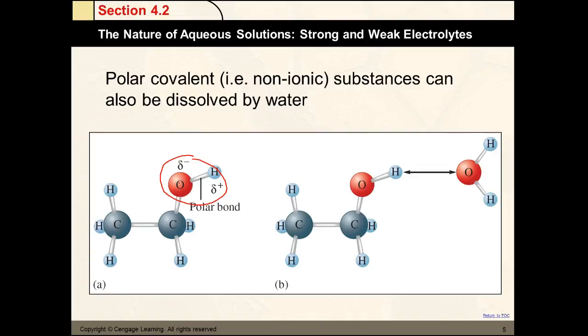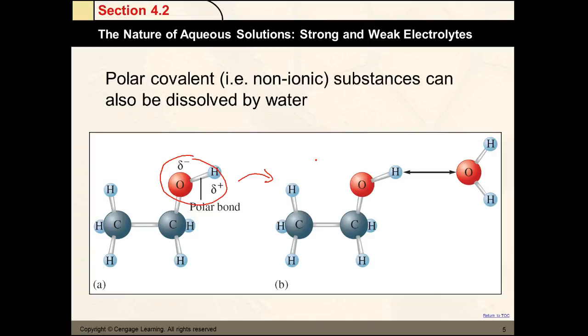This oxygen, just like in water, pulls electrons towards it, and it gives that oxygen that partial negative charge, that delta negative up there. And when it does that, it pulls the electrons away from this hydrogen, and now this hydrogen is a partial positive charge.